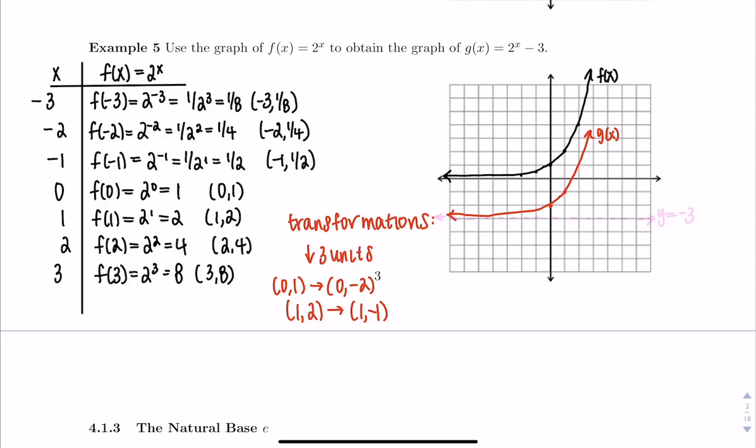So since it started at y equals 0, we're going to have a new one that's moved down 3 units. So our new horizontal asymptote is at y equals negative 3.